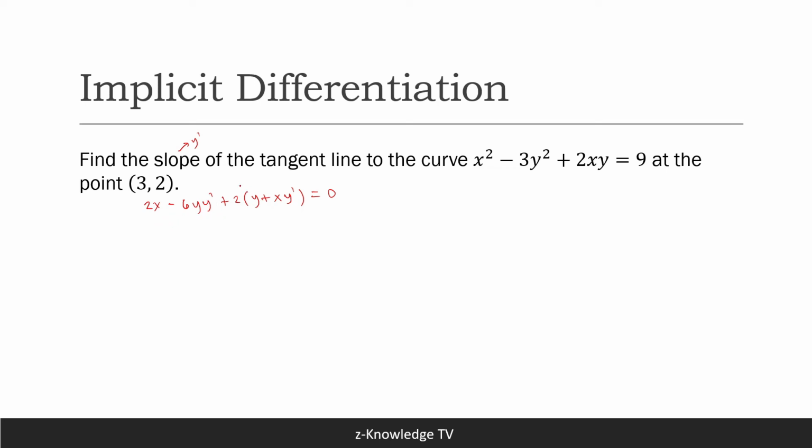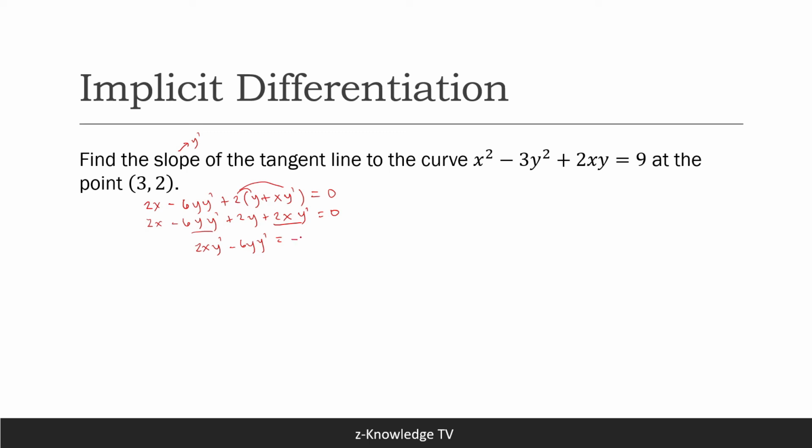Then, distribute natin to. So, magiging 2x minus 6y y prime plus 2y plus 2x y prime is equal to 0. So, iwan natin itong may y prime. Magiging 2x y prime minus 6y y prime is equal to, lipat natin yung the rest.